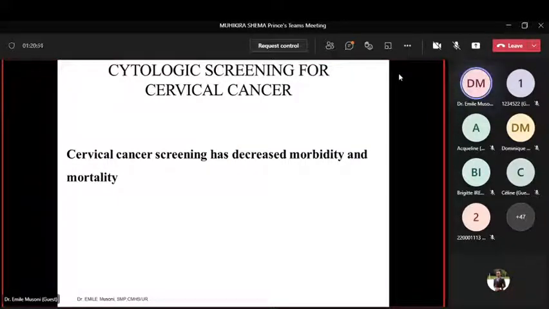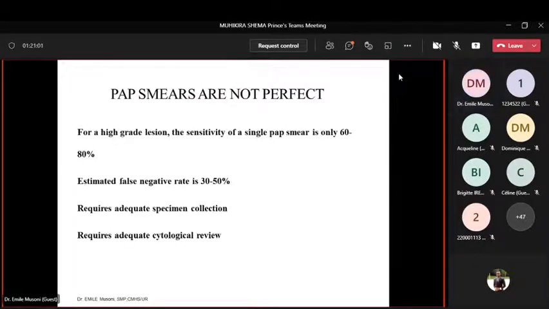Cytology screening for cervical cancer. This one is very important for you. I have said it has decreased the morbidity and the mortality related to cervical cancer. Here they say pap smears are not perfect because you can't do the grading. You just know if there is malignancy or no malignancy.